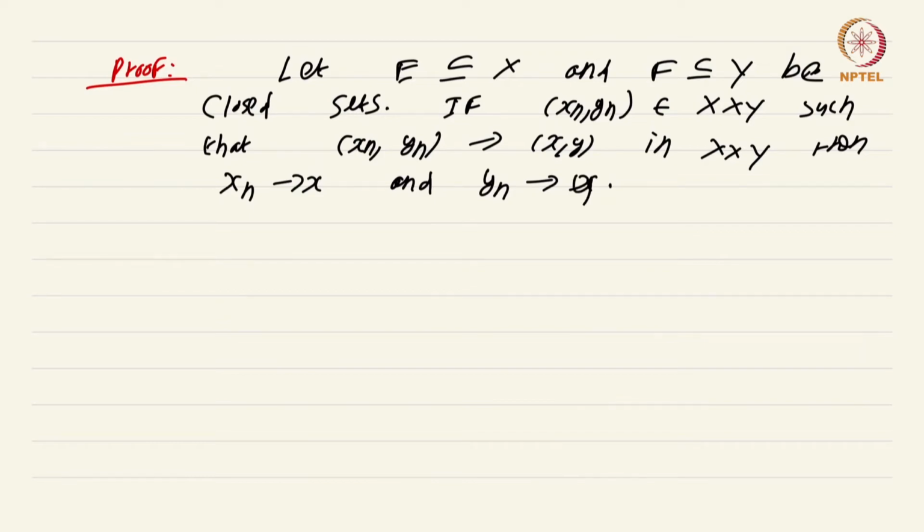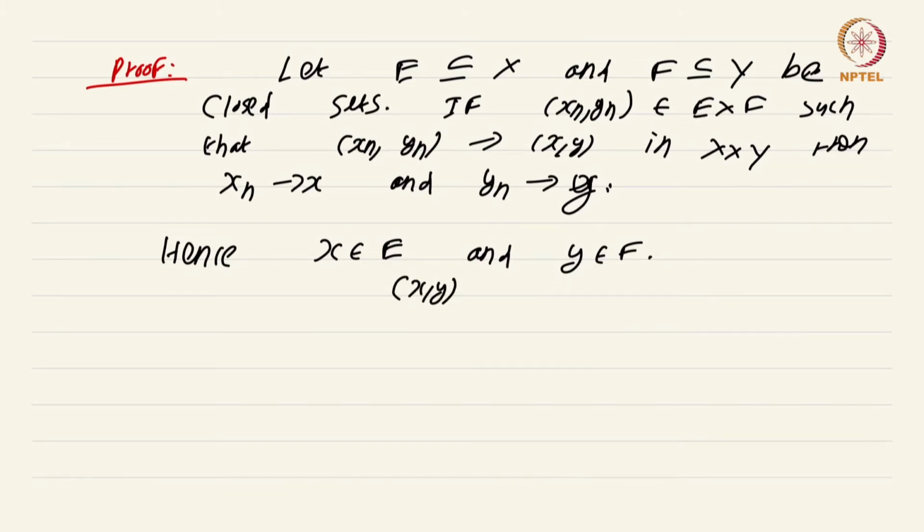Now, let me just make a small change: (xn, yn) is in E cross F. Otherwise, what was the point of picking these closed sets? Because E and F are closed, we must have x is in E and y is in F. That's just because E and F are closed sets. Consequently, (x, y) is in E cross F.